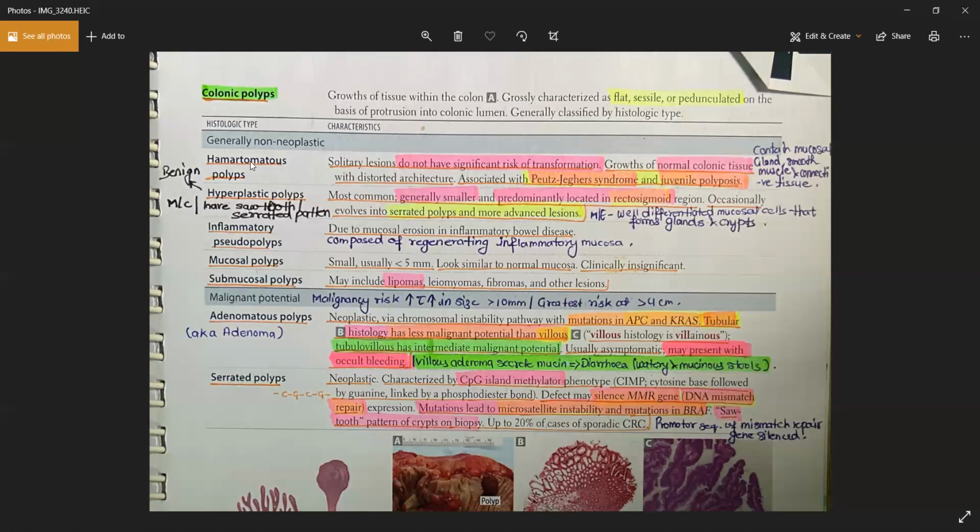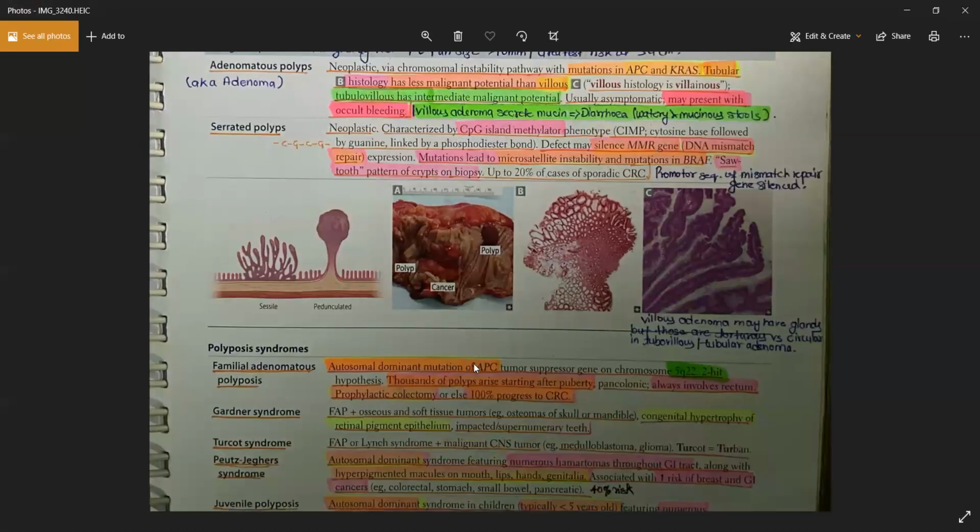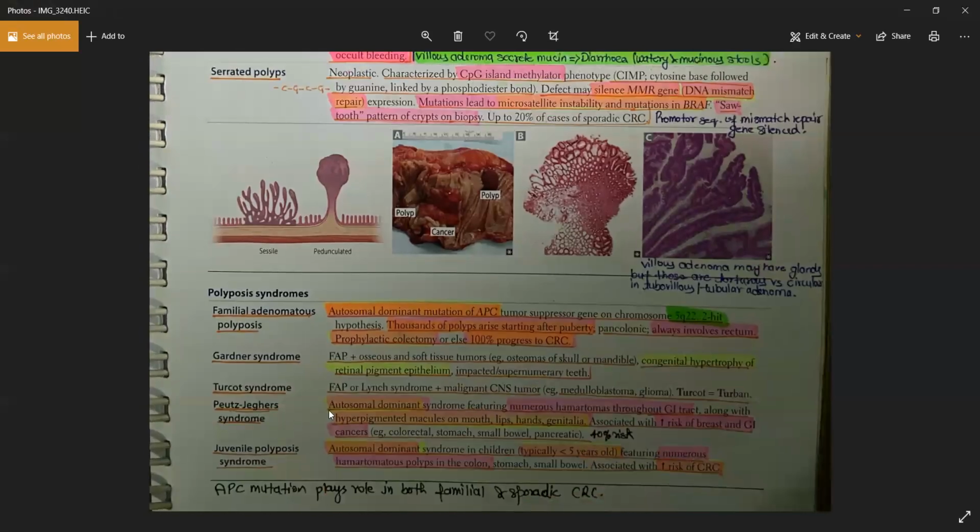Now you have two conditions or two syndromes associated with the hamartomatous polyp. One is the PJ syndrome, and second is the juvenile polyposis. The PJ syndrome is an autosomal dominant mutation in which you have numerous hamartomas throughout the GI tract. Along with the hamartomas, you will also have hyperpigmented macules on the mouth, lip, hands, and genitals.